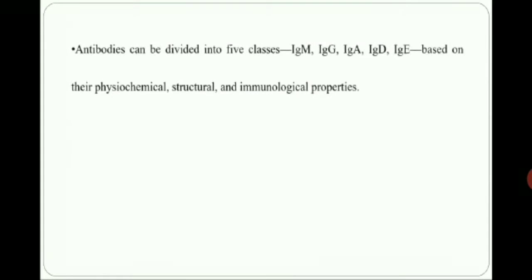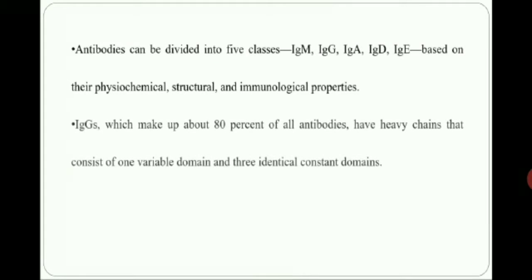Five classes of antibody molecules have been found, and this classification is based on their physicochemical, structural and immunological properties. They are classified as IgM, IgG, IgA, IgD and IgE. The IgG class makes up about 80% of all the antibodies present in the body.